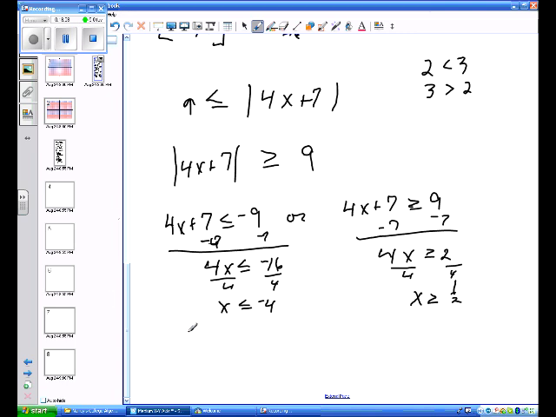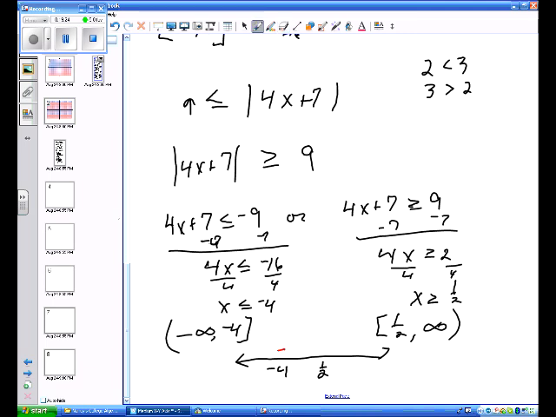This one we would write, it's less than that, so it's going from negative infinity to negative 4. Here it's going from 1/2 to positive infinity. We can graph it all on one number line. We have our negative 4 and our 1/2.